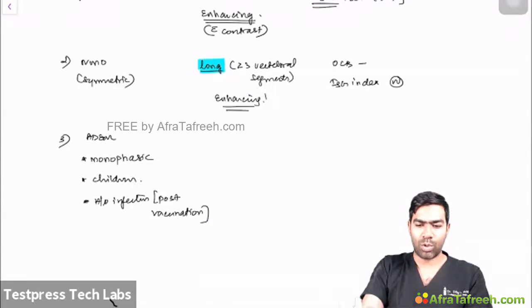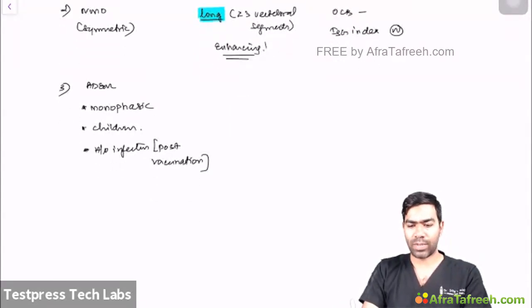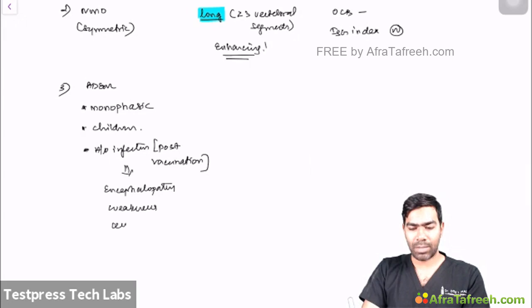Post-vaccination, and most often this ADEM will have cerebellar involvement. That is very important. They will present with encephalopathy. They will have weakness because of spinal cord involvement, and at the same time they will be having cerebellar symptoms. This is the differentiating clue. Cerebellar symptoms. They will present with ataxia.